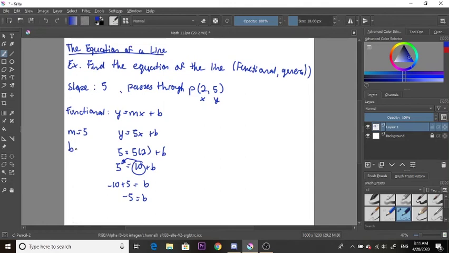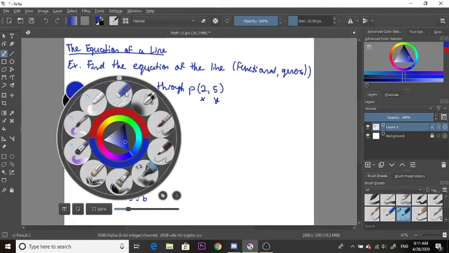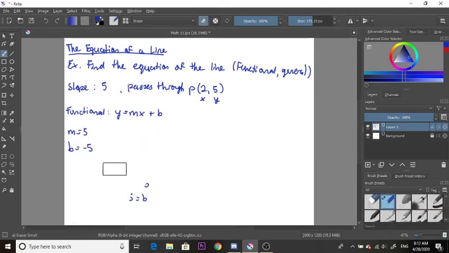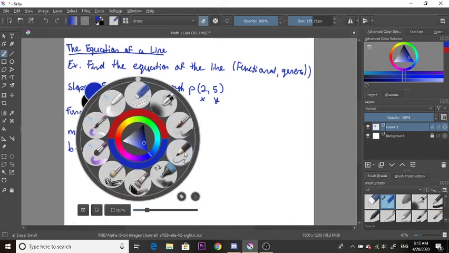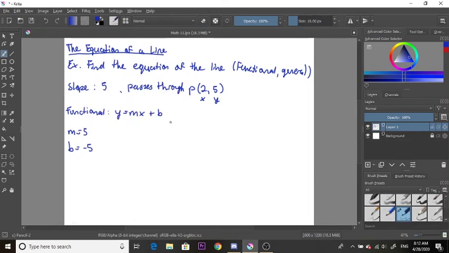So my b is equal to negative 5. Just going to erase this here to give more space. So now my rule is going to turn out like this. Y is equal to 5 times x minus 5.